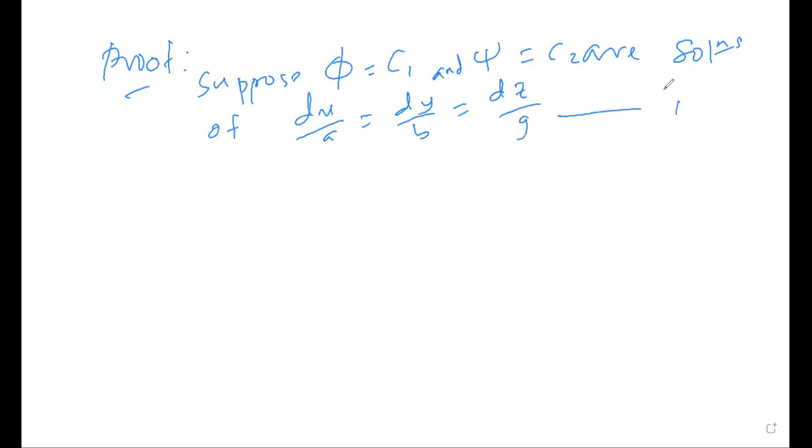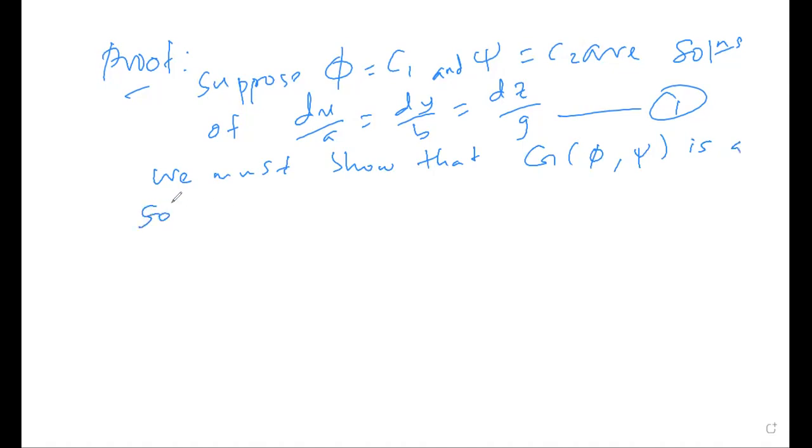So we are taking φ and χ as the solution of this auxiliary equation. This is our equation number 1. Then we must show that F(φ, χ) is a solution of our first order quasi-linear equation a z_x + b z_y is equal to g. Let's take this as the second equation.